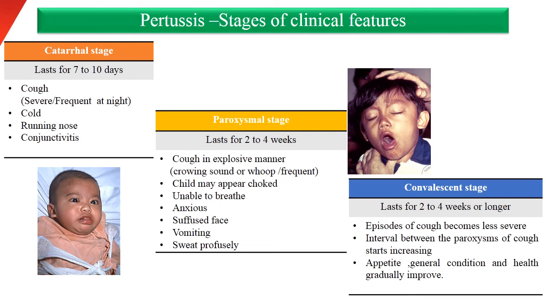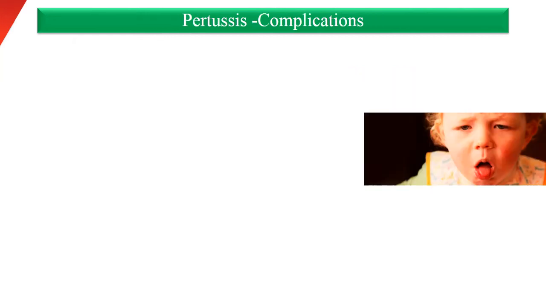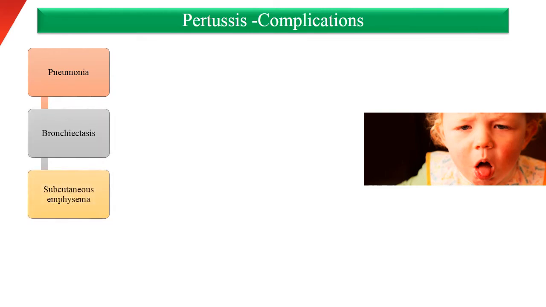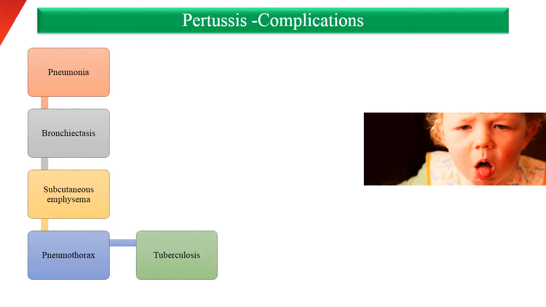So this is about the stages of clinical features. Let's look at the complications, as it mainly affects the respiratory tract, like the trachea and the bronchi. So it mainly creates complications of the respiratory tract. It leads to pneumonia, bronchiectasis, subcutaneous emphysema, and pneumothorax.